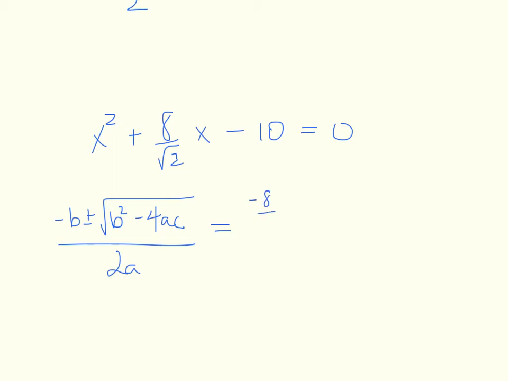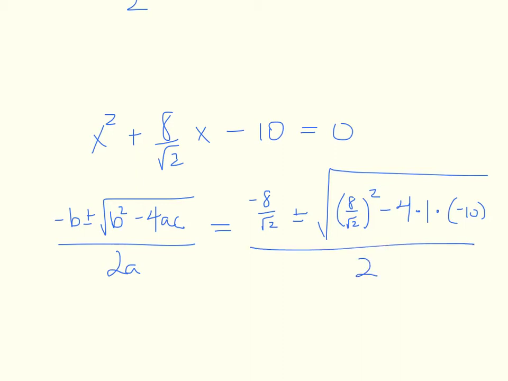Negative 8 over root 2 plus minus square root of 8 over root 2 squared minus 4 times 1 times minus 10. All of that over 2. Happy? I think so. Okay.